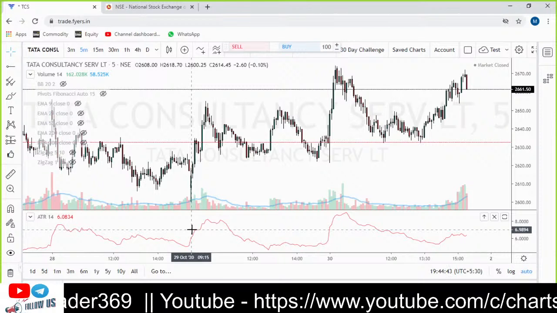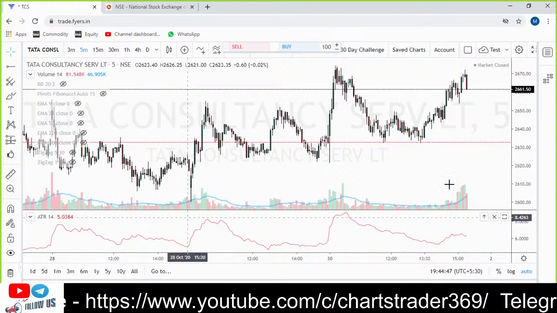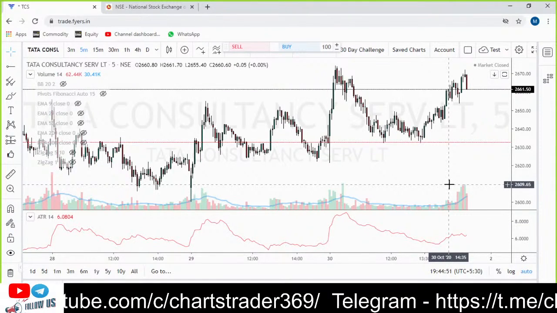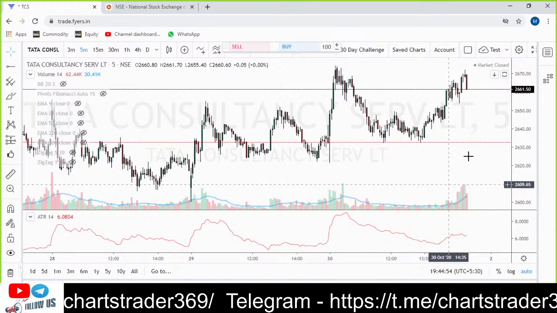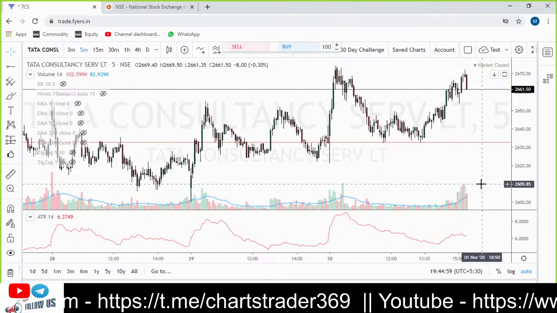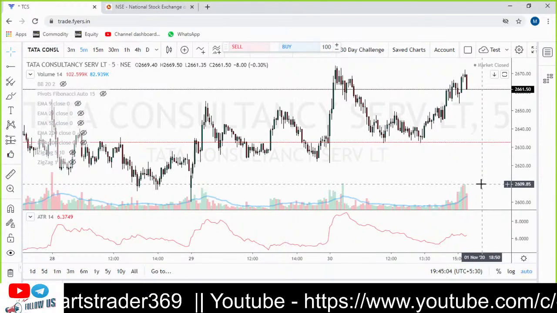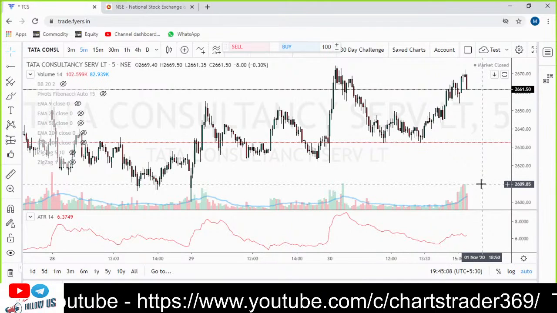I'm not using any indicators as such. It is just telling you the range or volatility of this particular stock. You should understand every stock has its own range. Like Nifty, on an average, these days it is moving 150 points, 200 points sometimes.